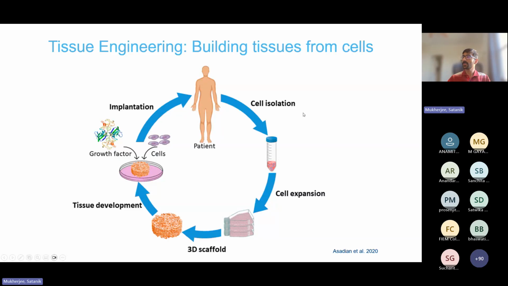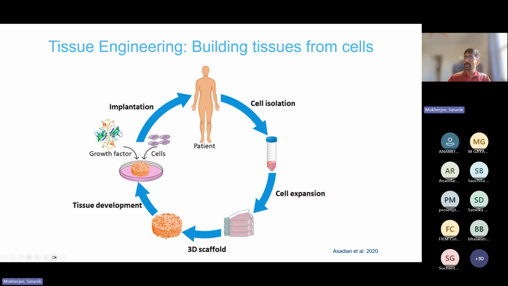And then once you isolate the cells from the human body, ideally there is a cell expansion step where, from a finite number of cells that you collect from the patient, you want to multiply the number of cells so that you have a considerable amount of cells.